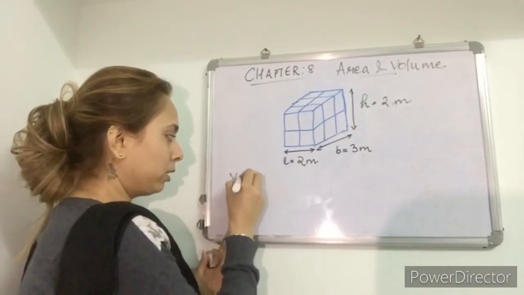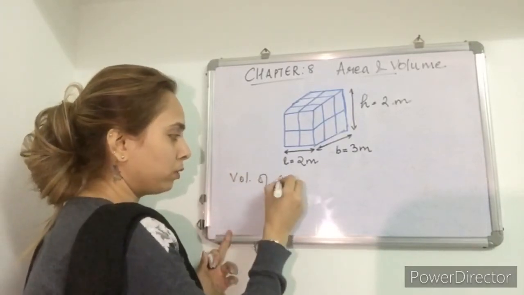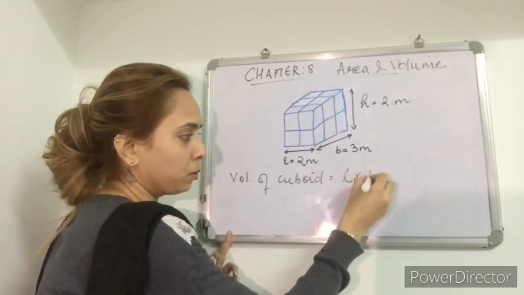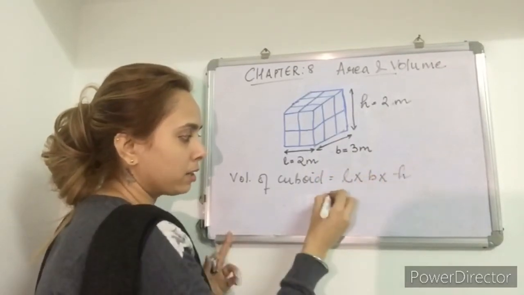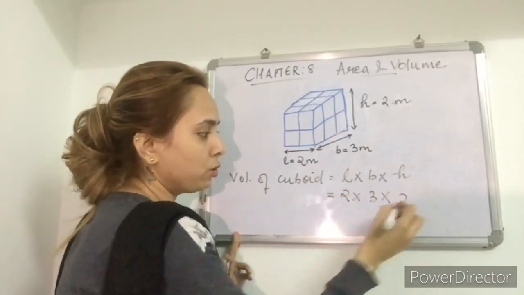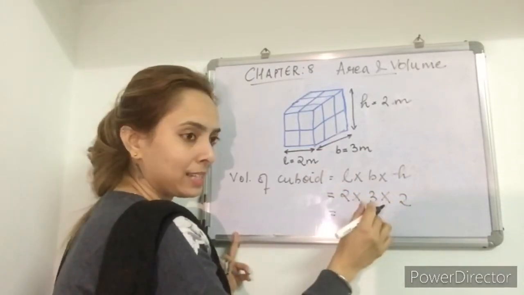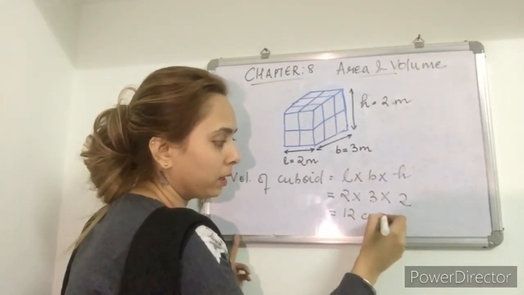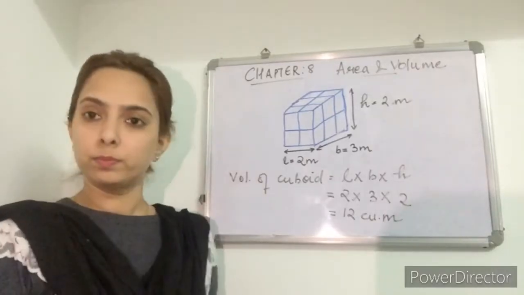Apply the formula. Volume of cuboid, length into breadth into height. So length is 2, breadth is 3, height is 2, 2 3s are 6, 6 2s are 12, 12 cubic meter.